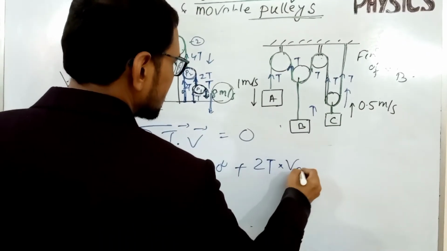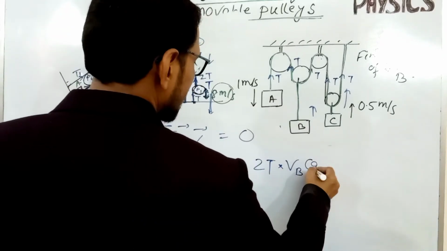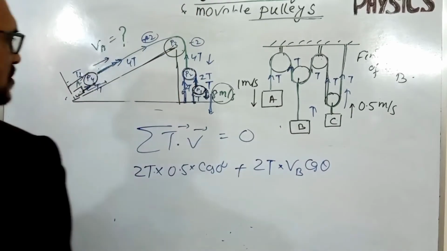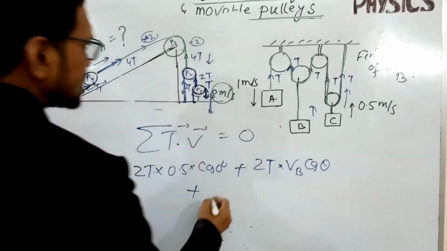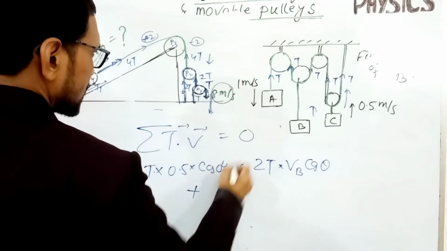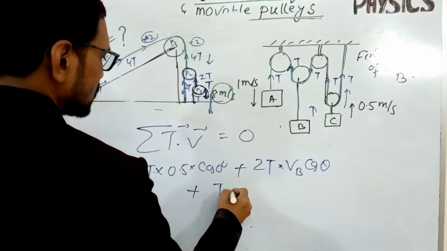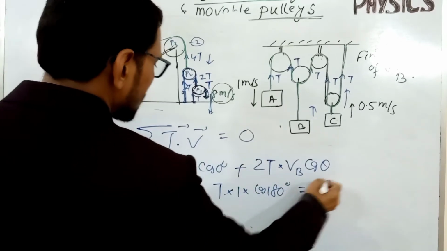Suppose this is Vb, we don't know whether the result is cos 180 or cos theta. Suppose we get cos theta, angle we don't know. Plus now this is 1 meter per second downward and tension T upward, so this is T into 1 into cos 180 equal to 0.